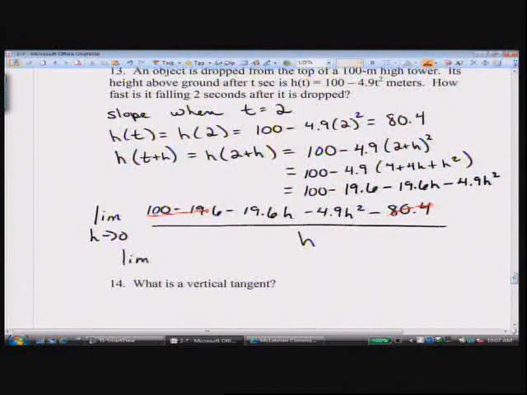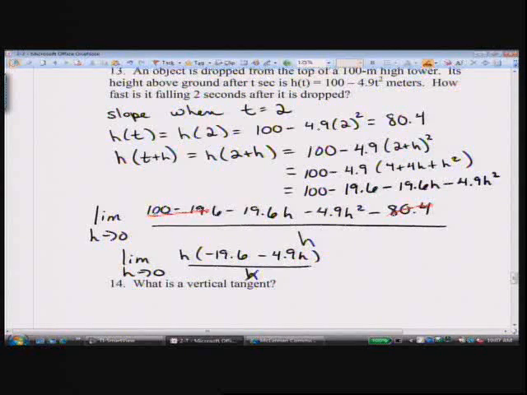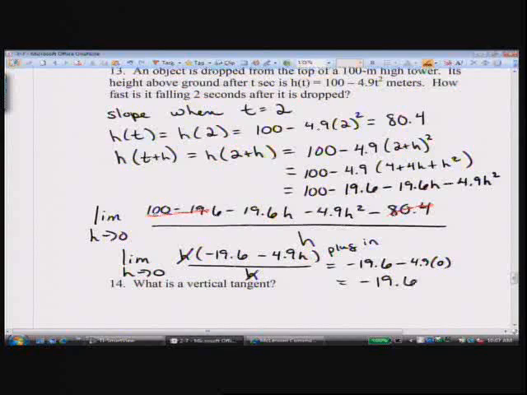So this is the limit as h goes to 0 of h times negative 19.6 minus 4.9 h over h. When the h's cancel and you take the limit as h goes to 0, we'll just do a plug-in. We get negative 19.6 minus 4.9 times 0, which is just negative 19.6. So at the instant that it's 2 seconds after it's dropped, it's falling at a rate of 19.6 meters per second.